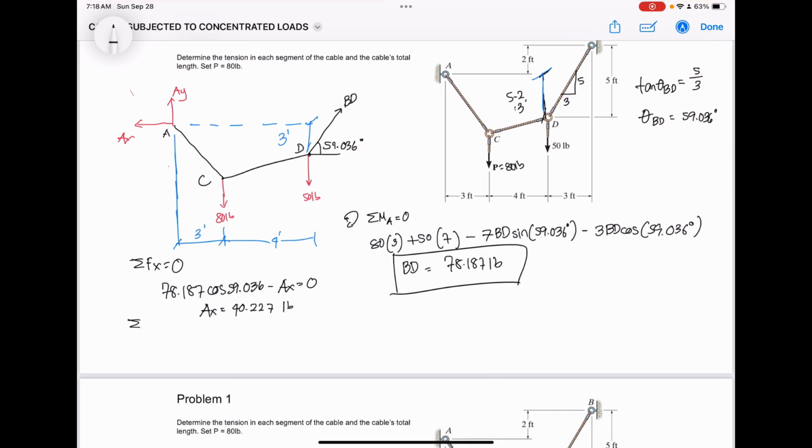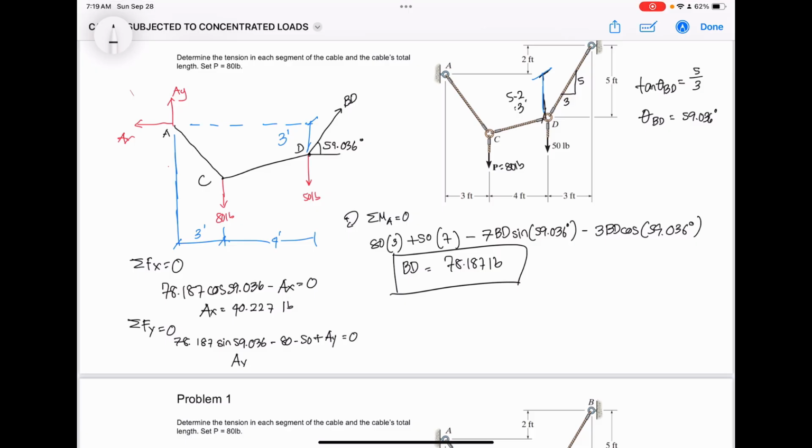Summation of forces along Y equals 0. So 78.187 sine 59.036 minus 80 minus 50 plus AY equals 0.